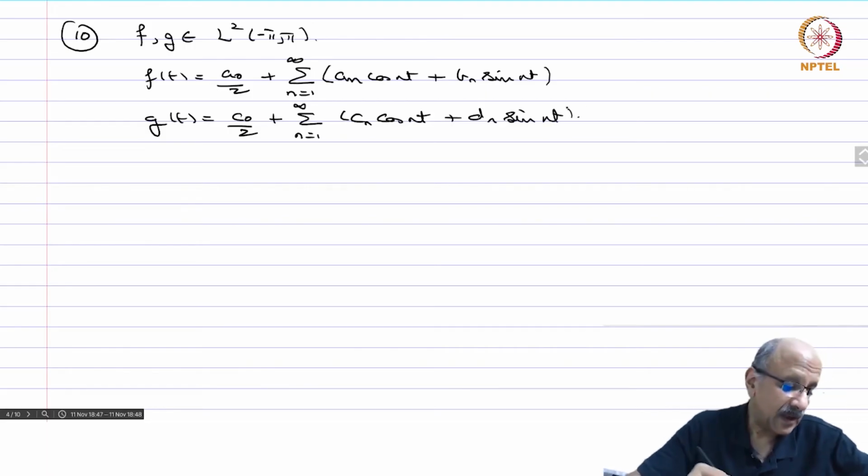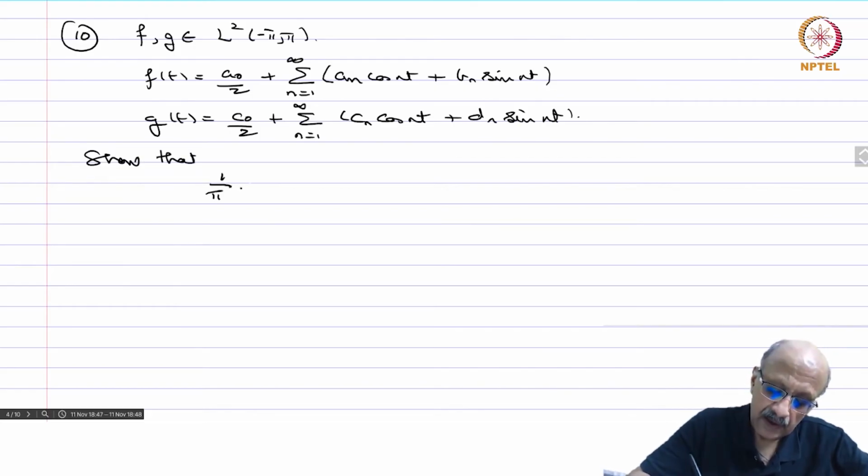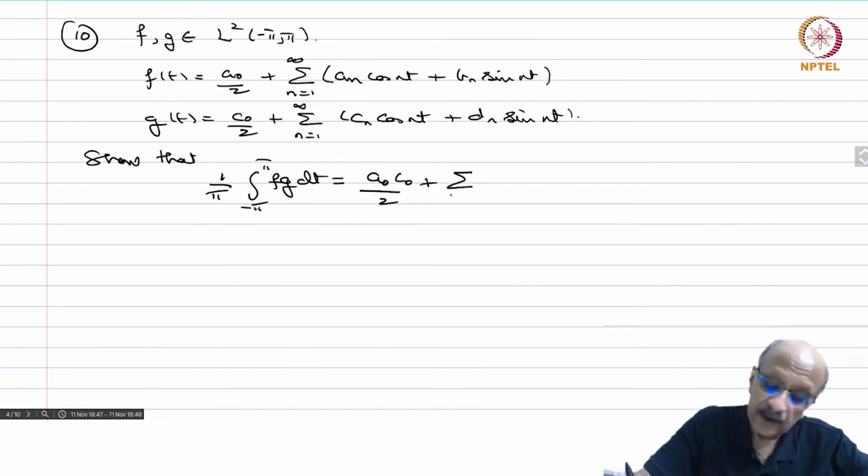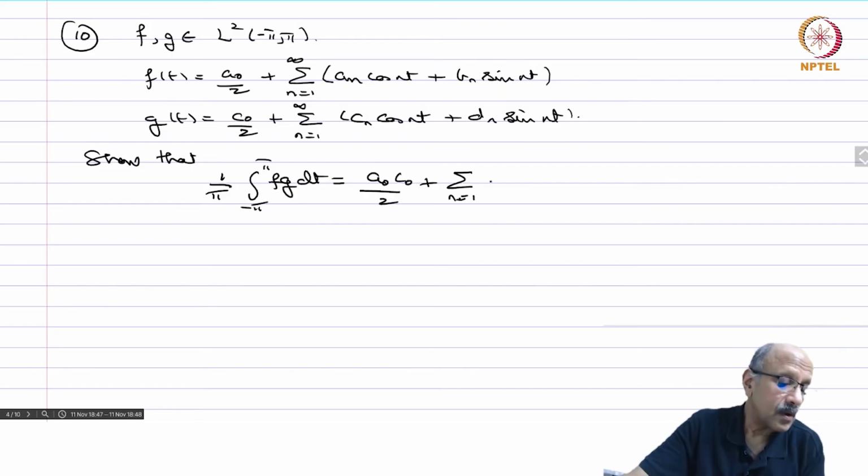Okay, then show that 1 by pi integral minus pi to pi f g dt is nothing but a naught c naught by 2 plus sigma n equals 1 to infinity a n c n plus b n d n.